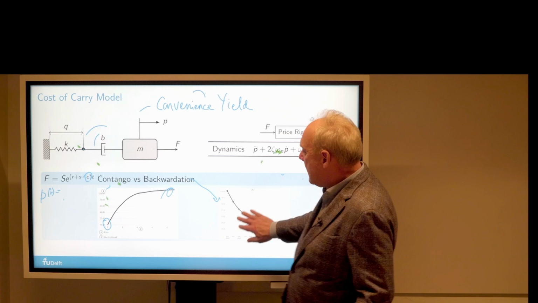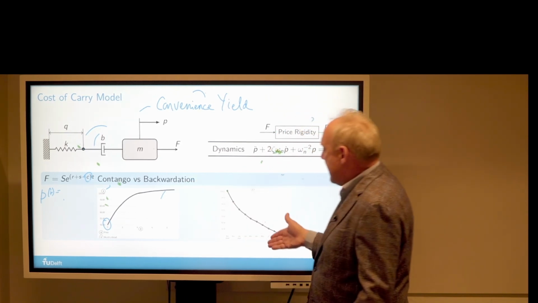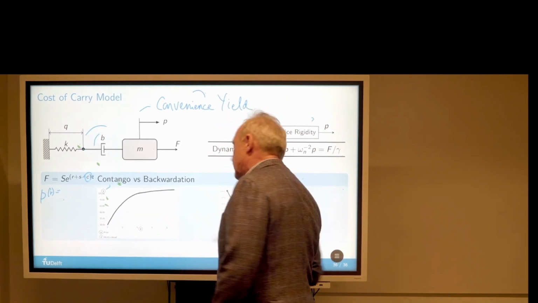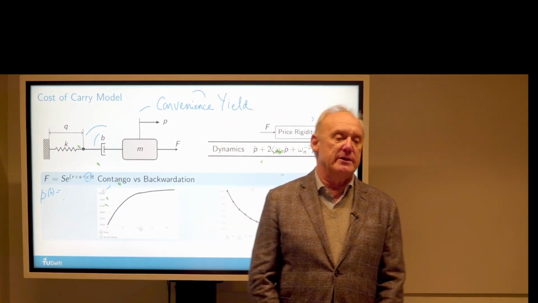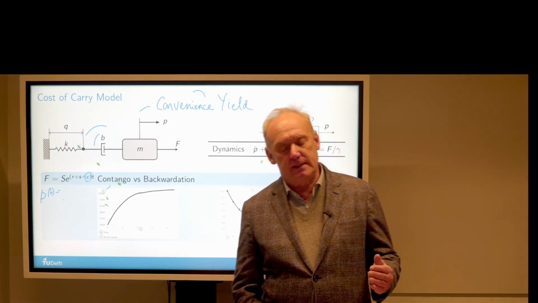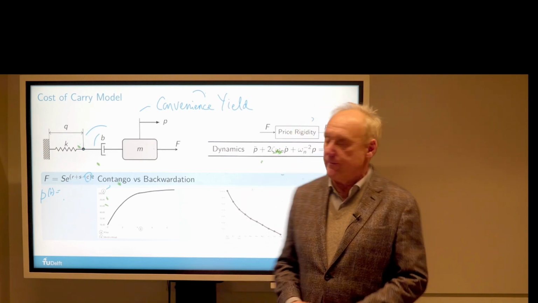Now, if you look at these graphs, all they can do is stay either in contango or in backwardation. But if you look at how they describe the market, they'll say future trades, the market inverts. So it's not something static like that.